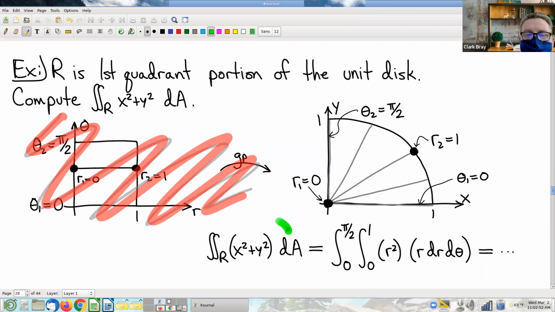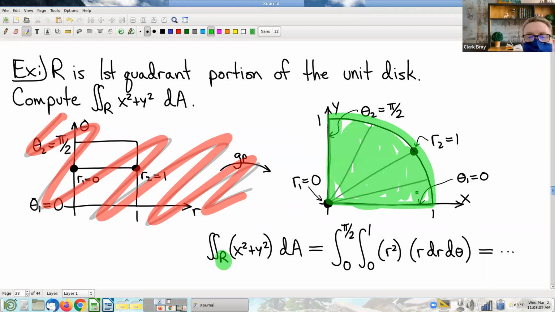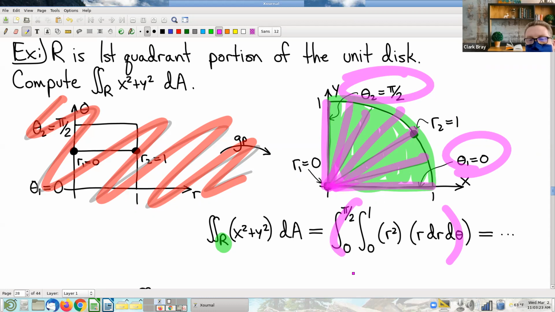This integral that I'm computing here, everything I need to know about what's happening in the pullback, I can get from looking at the original domain itself, and just thinking about how slicing works in this world. So theta. All right, well, my theta slices start at 0, end at pi over 2. So my theta bounds are 0 to pi over 2. Don't have to draw the pullback at all.